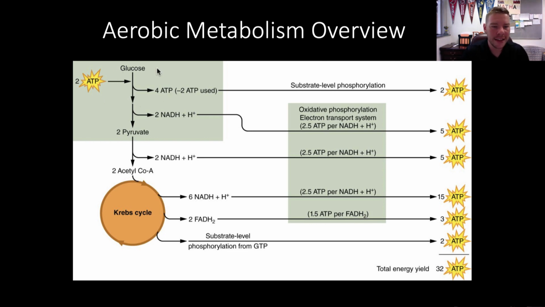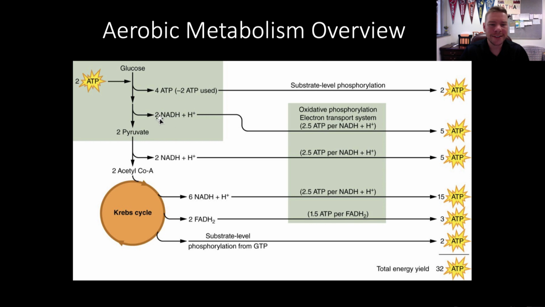So this green shaded box here that you see is glycolysis, okay? So that's explaining to us what's happening during glycolysis. And just like we talked about, if we start with glucose, we net 2 ATP, all right? So that is 2 ATP that they show here. That's where this level goes, so substrate level phosphorylation, all right?